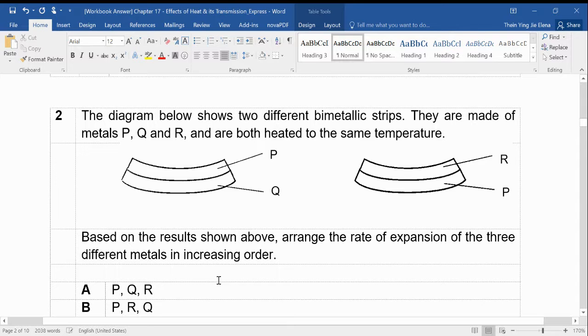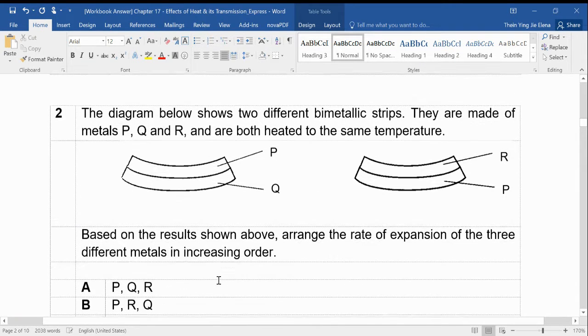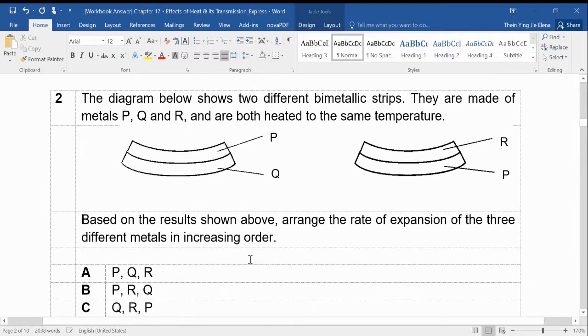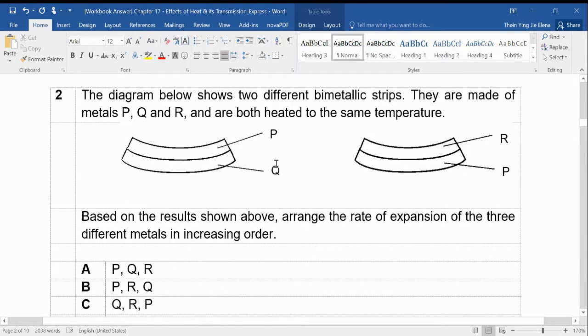Let's look at question 2. The diagram shows two different bimetallic strips made of metals P, Q, and R. Both are heated to the same temperature. Based on the results shown above, arrange the rate of expansion of the three different metals in increasing order. So both bimetallic strips are being heated.